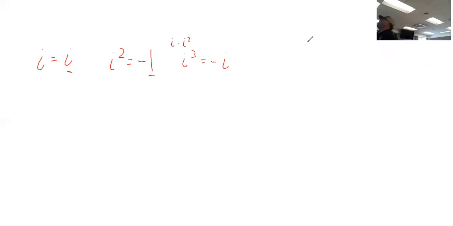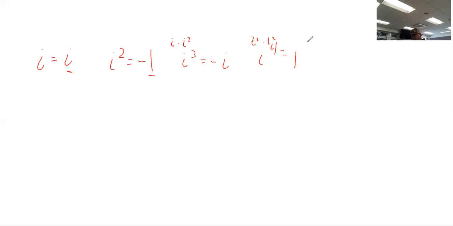Then i to the 4th is equal to i squared times i squared, which will give me -1 times -1, which is +1. Okay, those are pretty important.